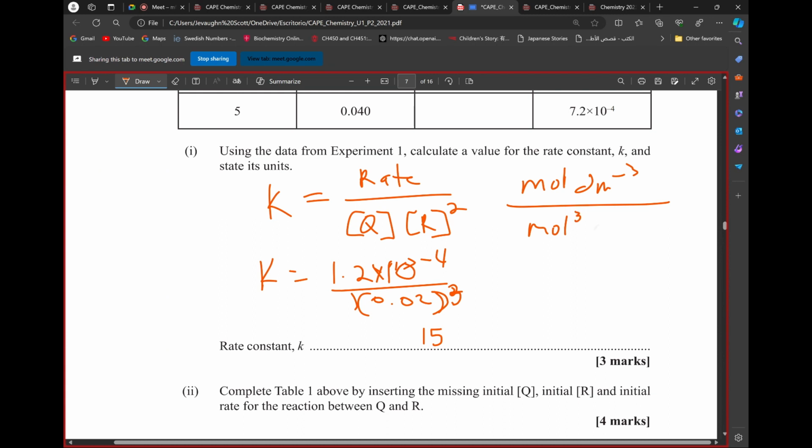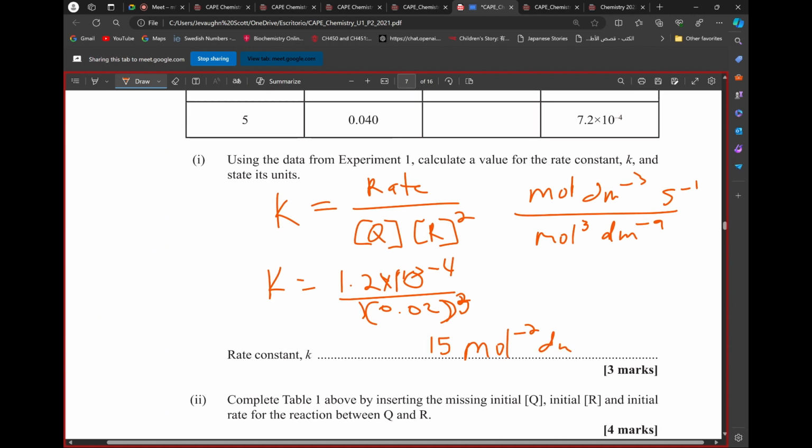Yes, per second. Alright, so we're going to cancel out and we get, as you said, per mole squared dm to the sixth power, positive sixth power, and then s to the minus 1. So I have that.